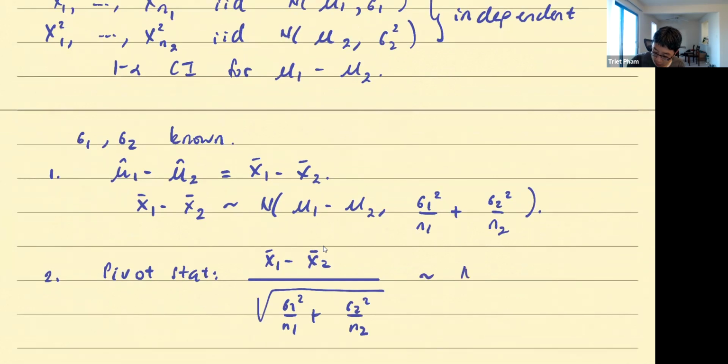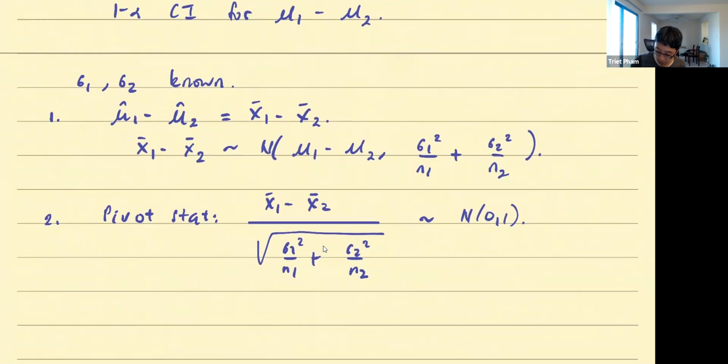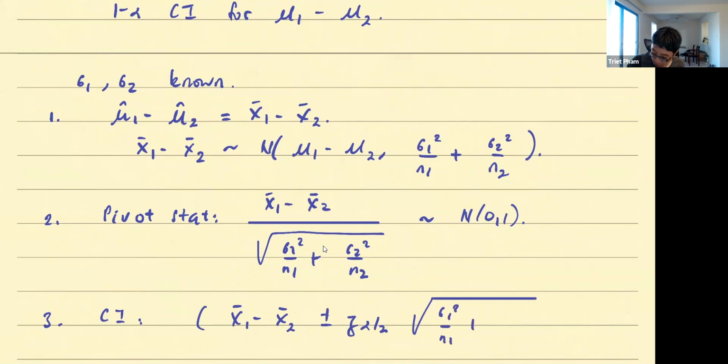And this will be standard normal. Therefore, the confidence interval is straightforward: x bar 1 minus x bar 2 plus or minus z alpha over 2 times square root of sigma 1 square over n1 plus sigma 2 square over n2.